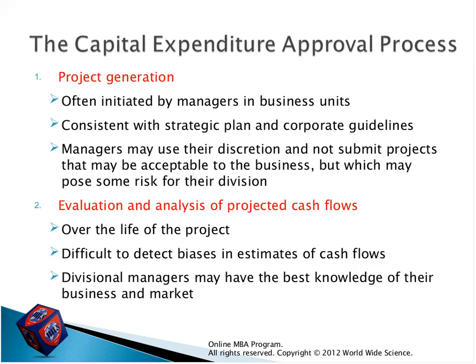Let's see. First of all, the approval process starts with the step of project generation. This is when the project is actually being created, and it's often initiated by the manager in the business unit. So the managers of the company are the main initiators or creators of the project. And as well, this is consistent with the strategic plan and corporate guidelines.